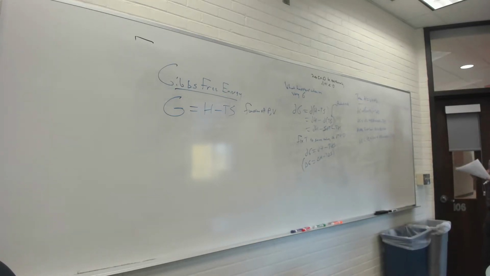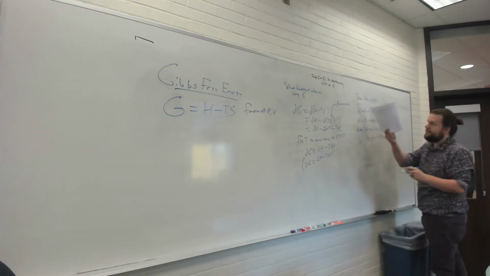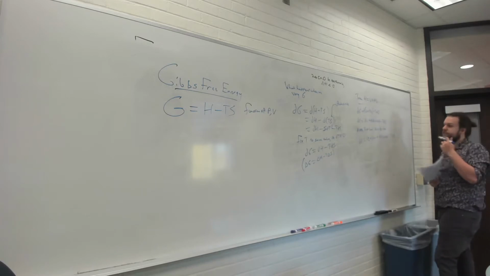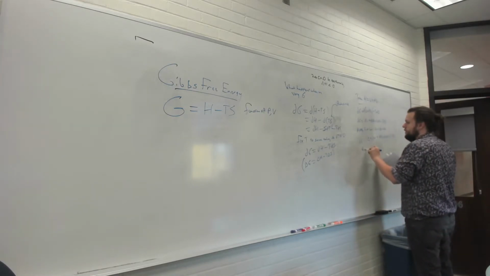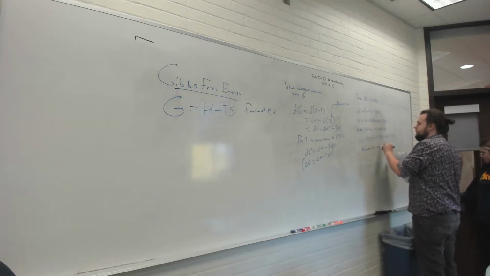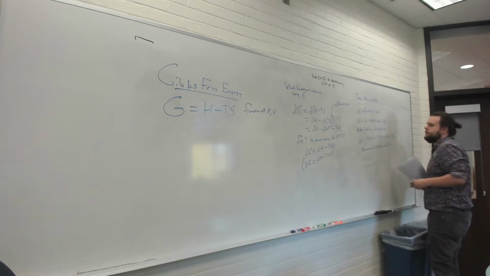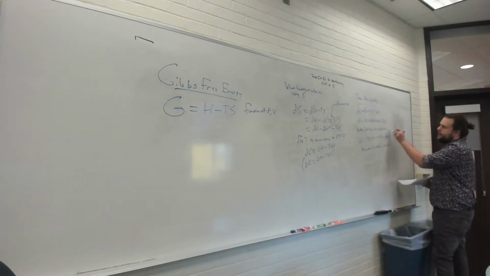We can make a really nice simplification: we can assume, right, we're using enthalpy, so we're in isobaric conditions, right? Because remember, H is defined at constant pressure. So this term goes away.